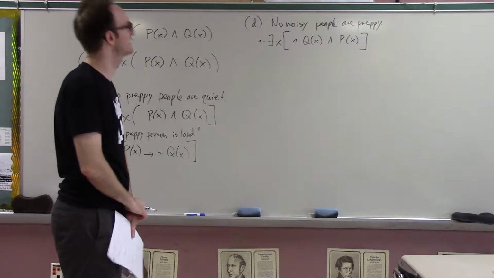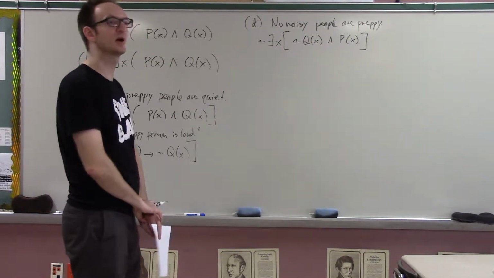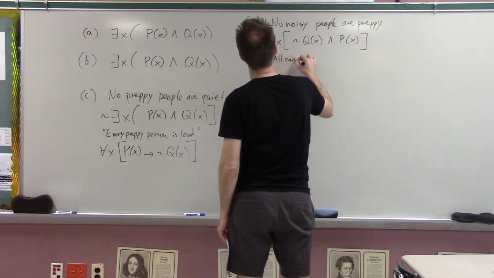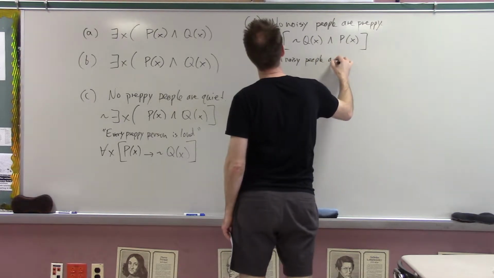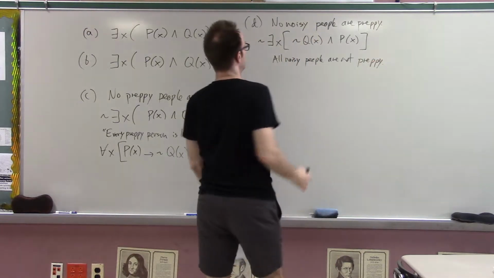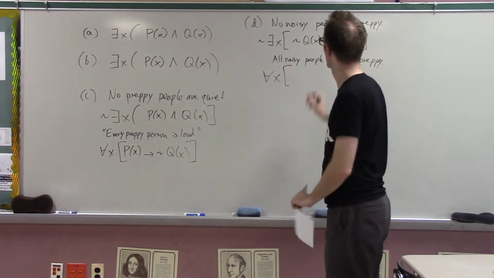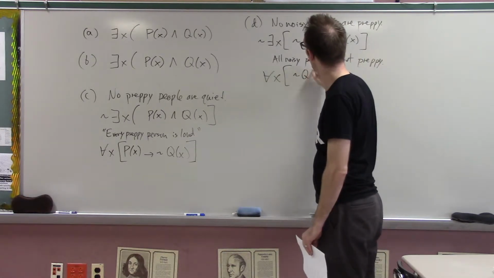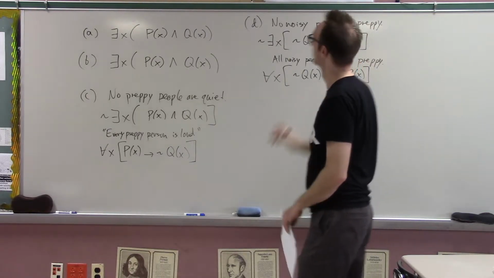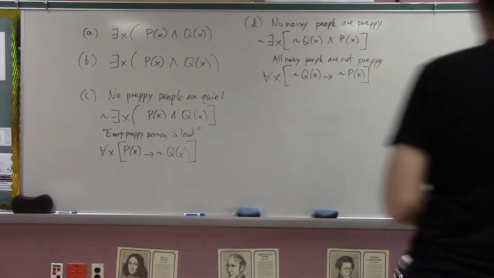Alternatively, if no noisy people are preppy, then all noisy people are not preppy, which we could translate as for all X, if you're noisy, then you're not preppy. Cool? Everyone agree? Tell me if you don't agree.